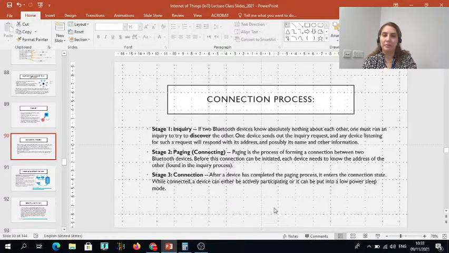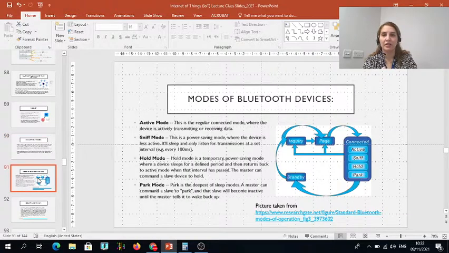Now we also have different types of action or activity between Bluetooth devices. So the inquiry and paging, that is the initial steps for making that pairing, that connection.